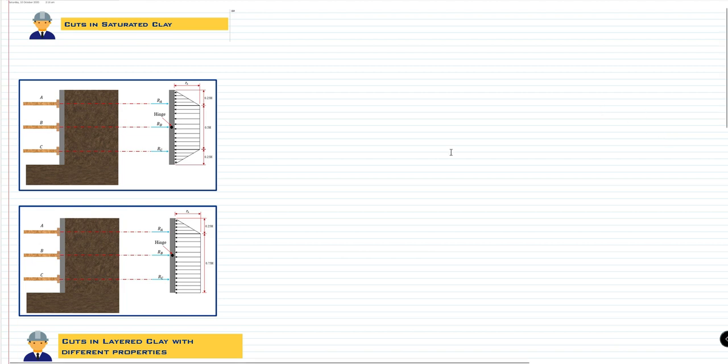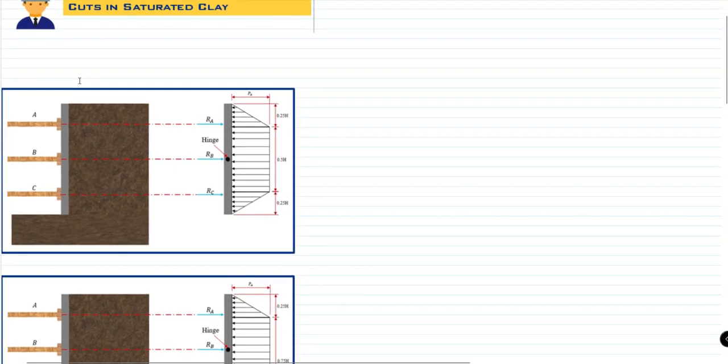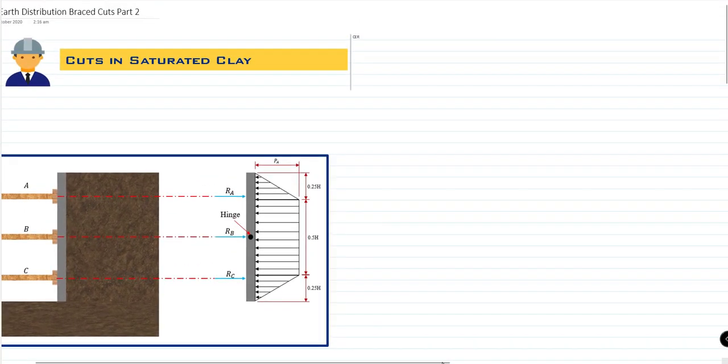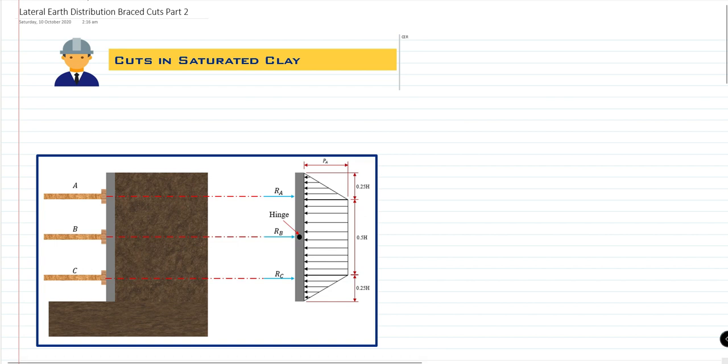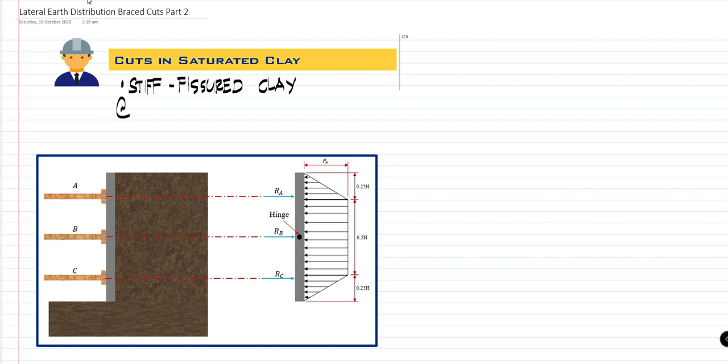So, si Peck, hinati niya yung cuts in saturated clay into two. So, sabi niya doon, meron daw tayong stiff fissured clay, tapos pwede rin daw itong maging soft to medium clay.